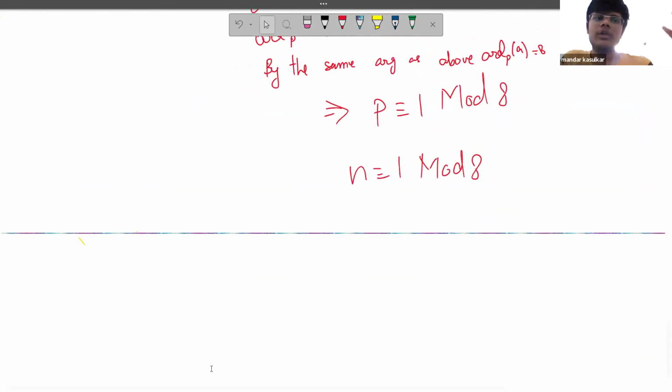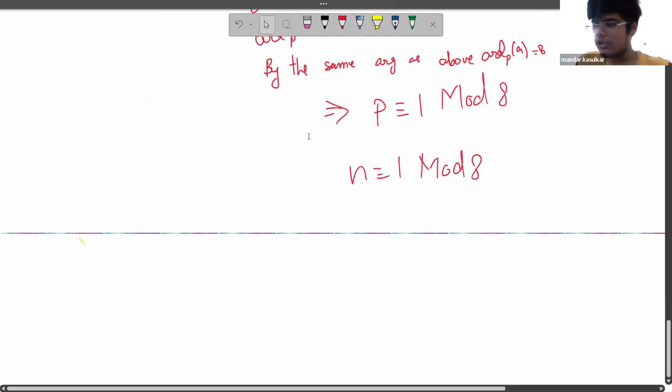Okay, so do you people want to do another problem on orders, or do you wish me to introduce primitive roots? Which do you want to do? Primitive roots. Any other votes against primitive roots?